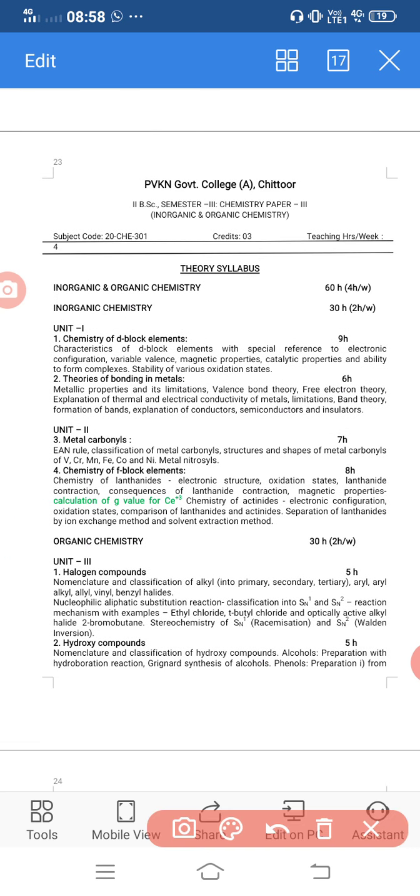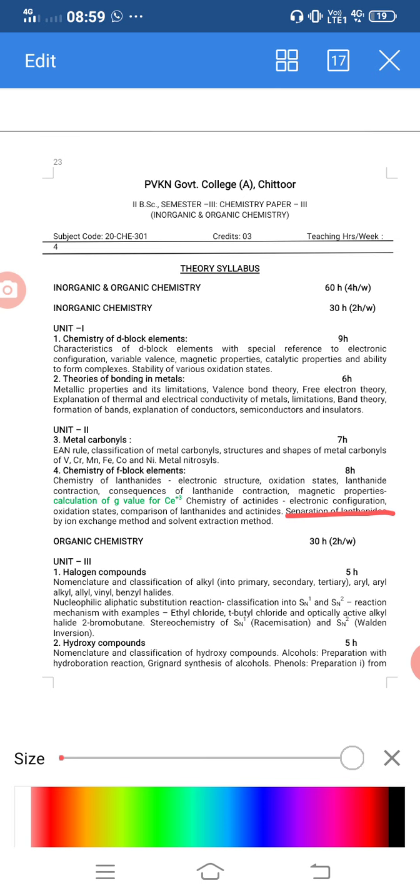Separation of lanthanides: ion exchange method and solvent extraction. What is ion exchange method and solvent extraction? Both are used for separation of lanthanides. For example, I have given a mixture of lanthanides, meaning cerium, praseodymium, neodymium, promethium, gadolinium. So many lanthanides are in the mixture, but you need only one lanthanide. It can be easily removed.